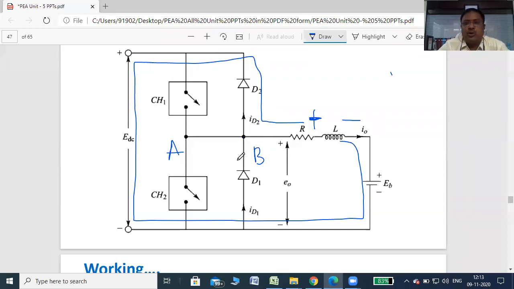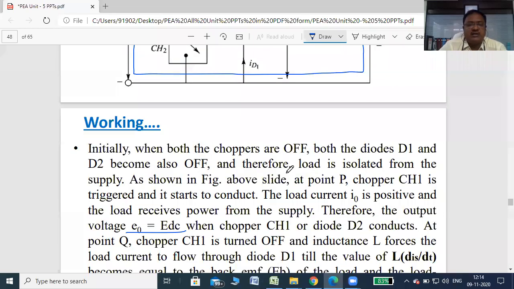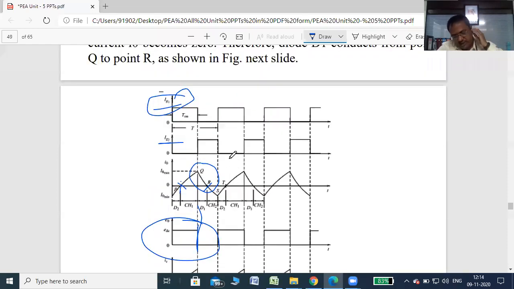So output voltage is positive because B is positive. It means the voltage across this load is positive. So voltage is positive, but still the current is negative. You can check here, current is negative. So that is also braking, that is, class B operation is achieved.